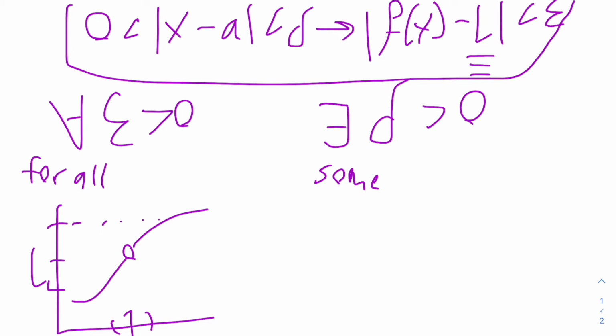We can see right off the bat that whatever f of x values we derive from within our delta window, we always get sufficiently small f of x values. The f of x values always lie within this range, sorry, it's actually this range over here. It's always within this epsilon tolerance.